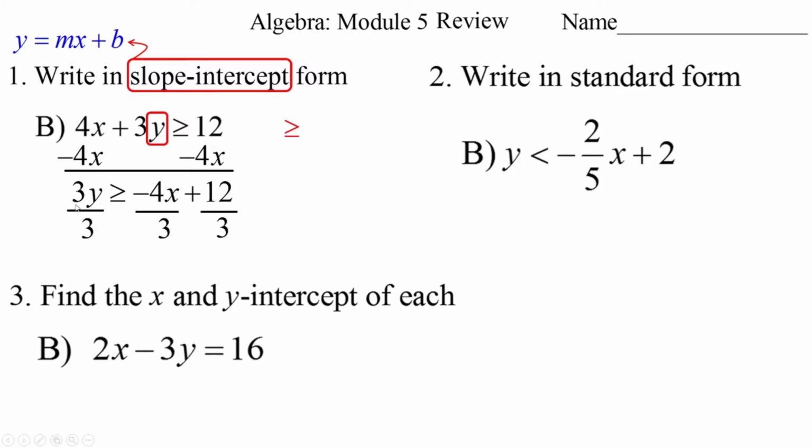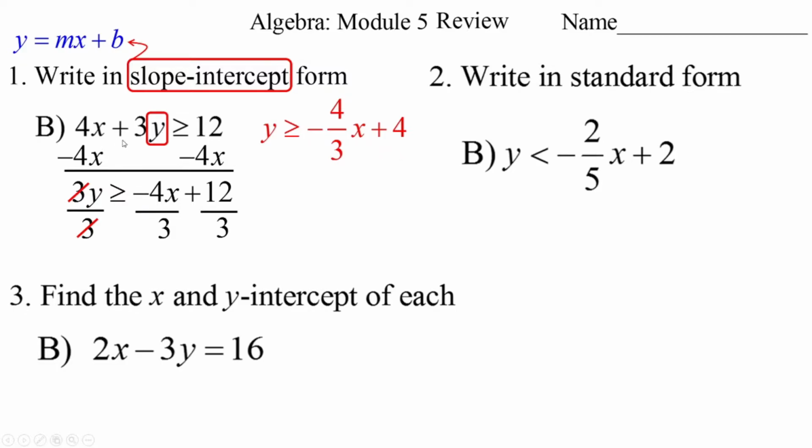And on the left, my 3's cancel, leaving me the factor of y, so y is greater than or equal to, and a negative over a positive is negative. I cannot reduce the fraction 4 over 3, so I'll leave that alone. And then don't forget that factor of x right there. Then plus, and 12 divided by 3 is 4.